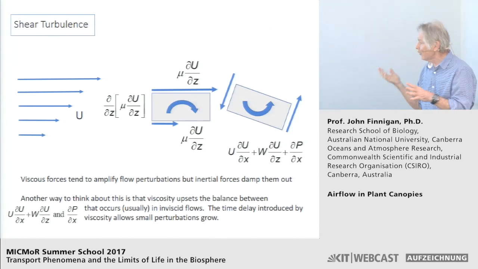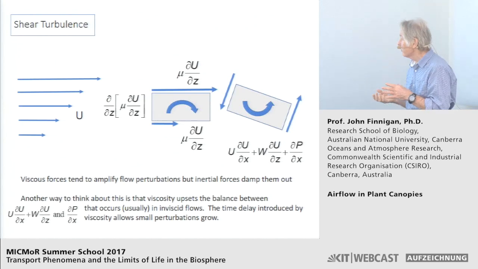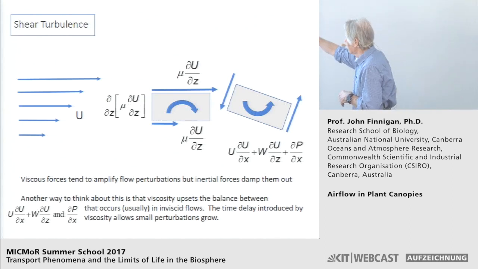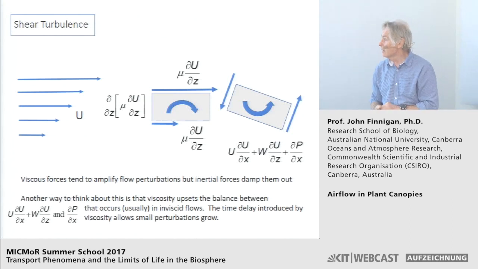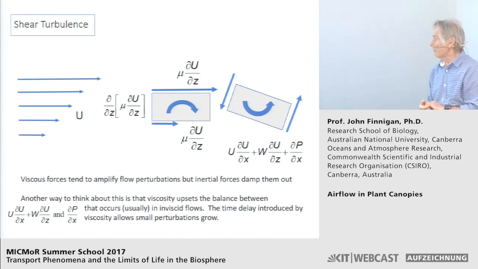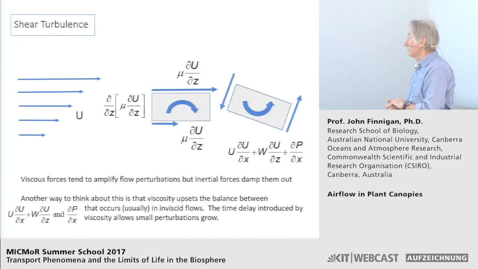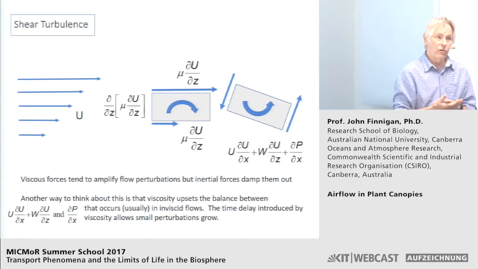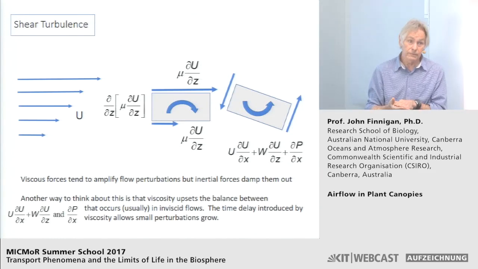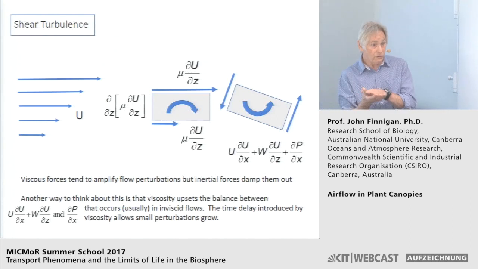So the viscous forces tend to amplify the flow perturbations. These inertial forces, which are pressure gradients and just the inertia of finite mass moving or accelerating, damp them out. So if you had no viscosity, again, Gabby talked about the Euler equations this morning, which are the equations for flow with no viscosity.